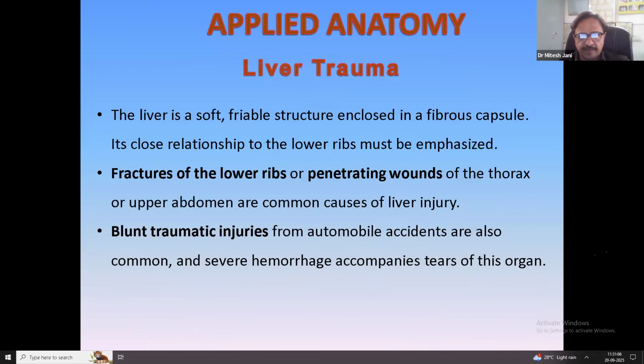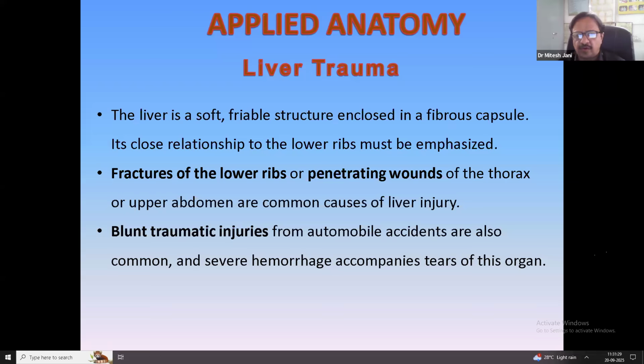Then the liver trauma. The liver is a very soft and pliable structure enclosed in a fibrous capsule, and its close relationship to the lower ribs must be emphasized. Now, when is the liver damaged? Fracture of the lower ribs. As we know, the right surface is from the 7th to 11th, and the anterior surface from the 6th to 10th.